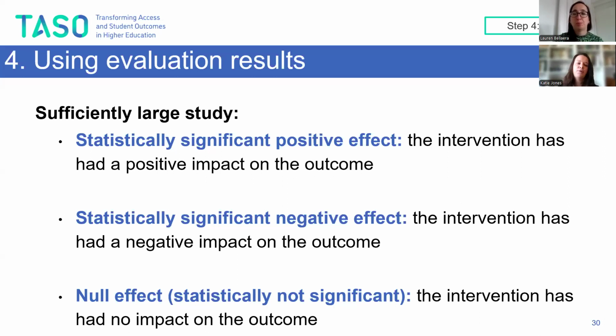And this is usually reported in a standardized way, so a percentage of a standard deviation. And the reason this is done is that you can actually compare the effect size of that particular intervention with other interventions to find out what is the most impactful on a particular outcome. So that's a really useful thing to be able to do.